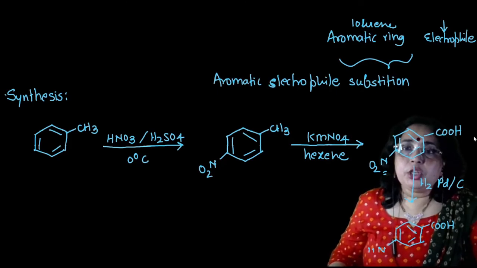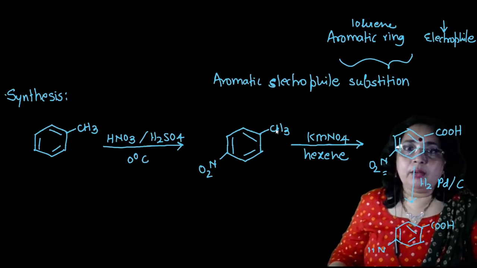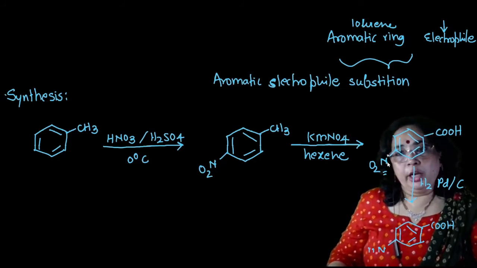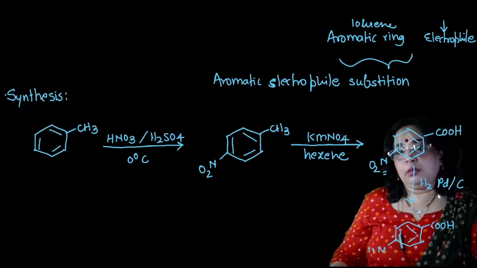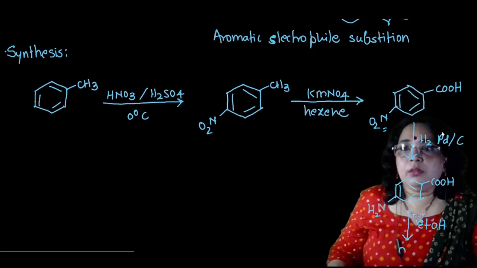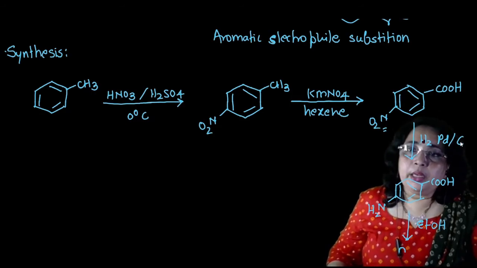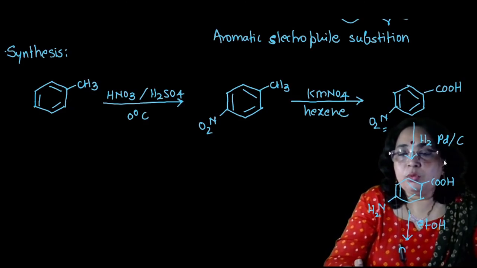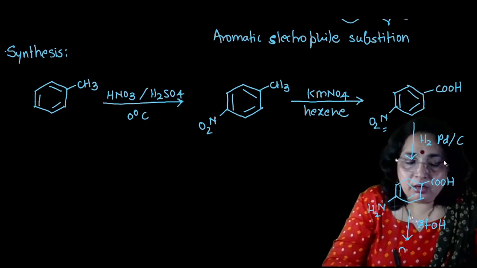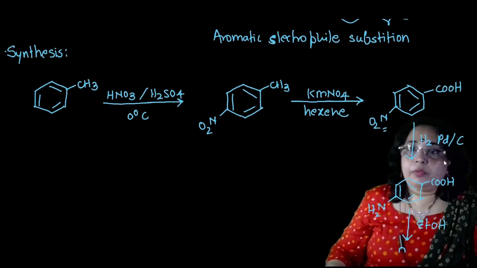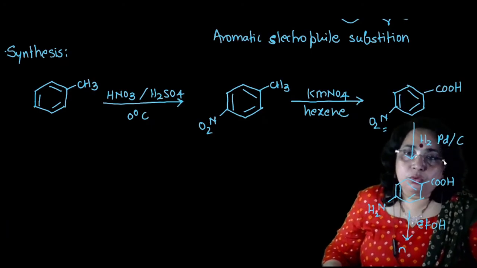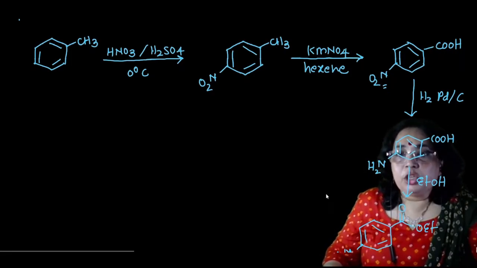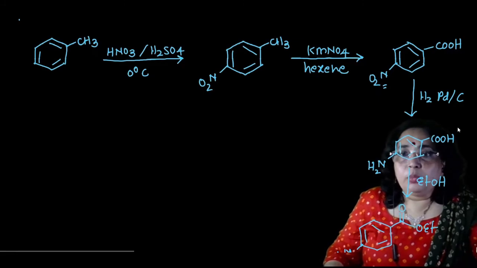Then the reduction of NO2 takes place by using palladium and charcoal, or you can use zinc dust in HCl, or you can use tin, etc. Tin can also be used for the reduction of NO2 into NH2. So here the major part of your synthesis is finished, that is the para-aminobenzoic acid.